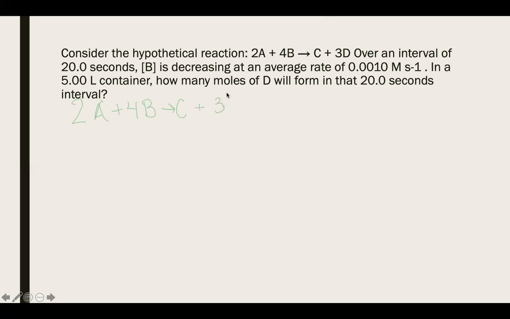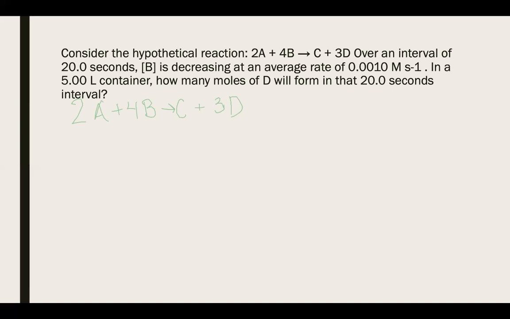So the first thing that we have to do is figure out what the rate of the reaction is for D, because we're trying to figure out the number of moles of D. If we figure out the rate of reaction, we can figure out moles over seconds.